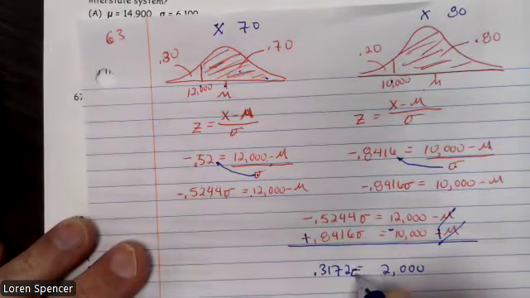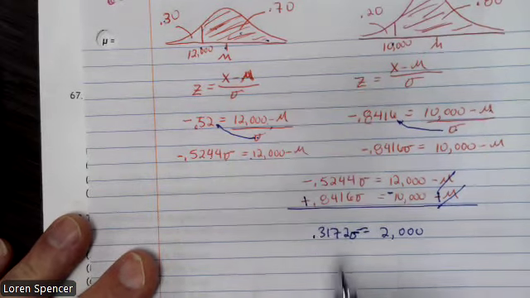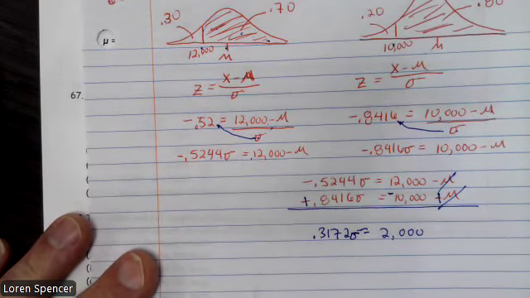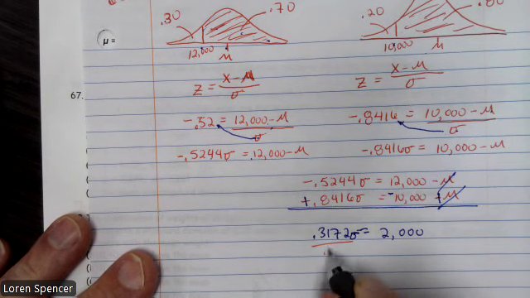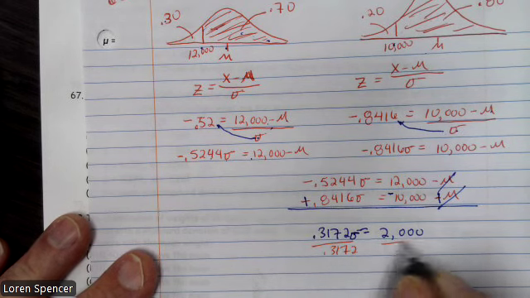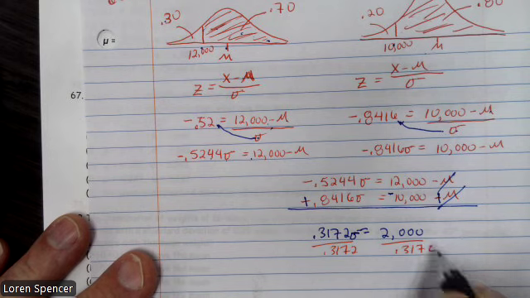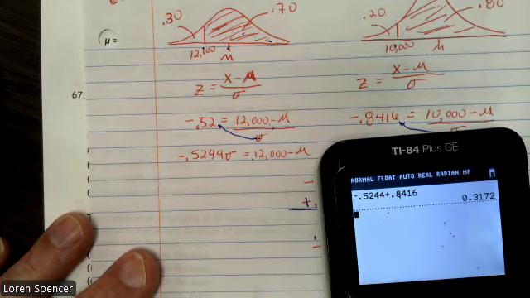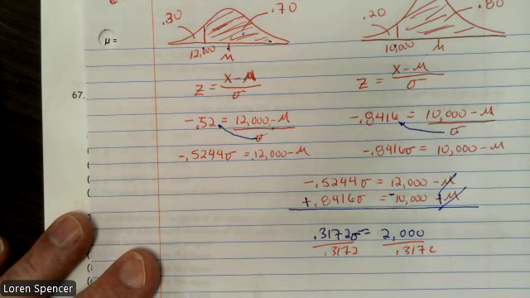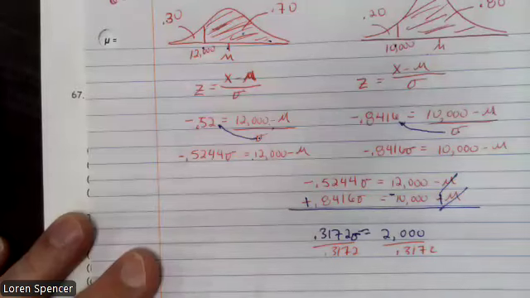This has a standard deviation sign, excuse me, equals that. So now I'm going to divide both sides by 0.3172. And I get a standard deviation of about 6,305.